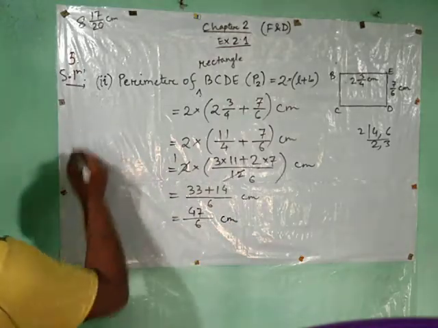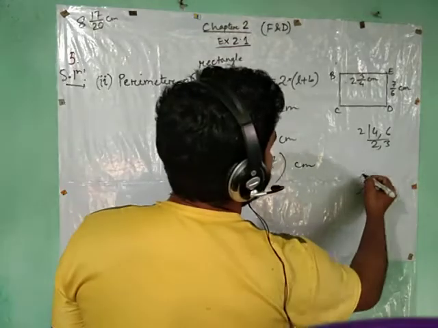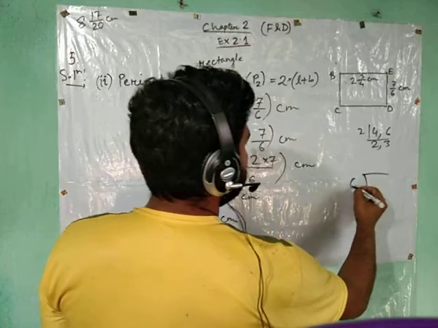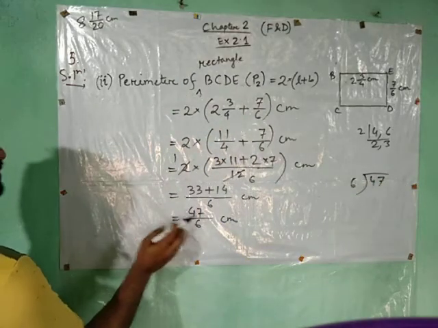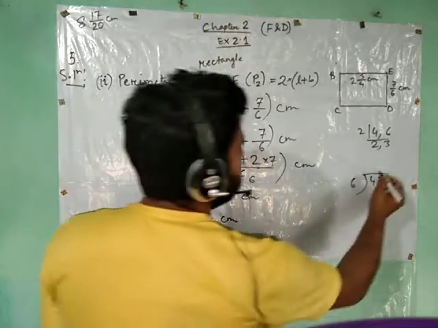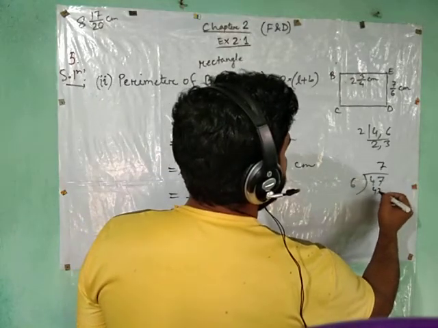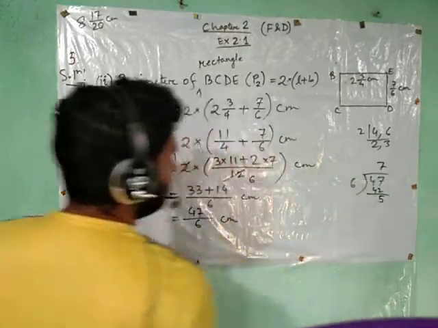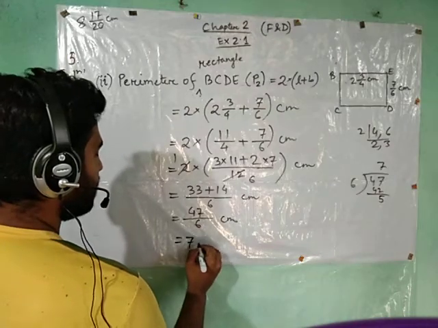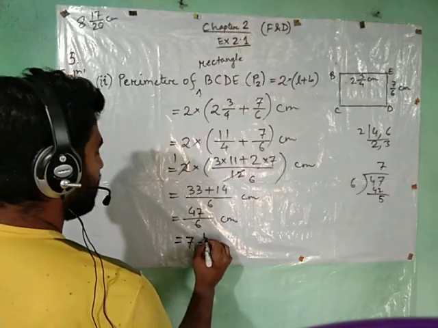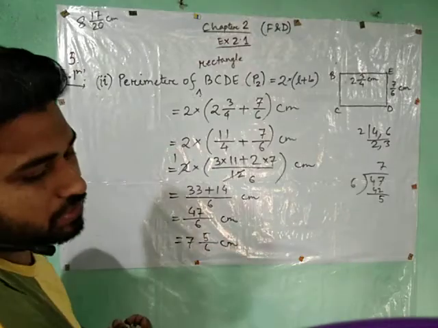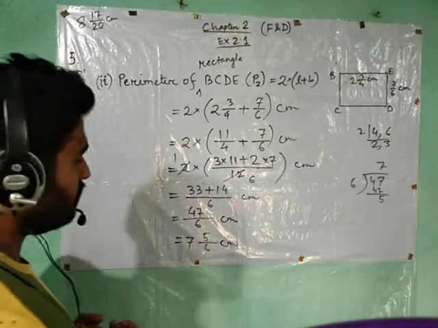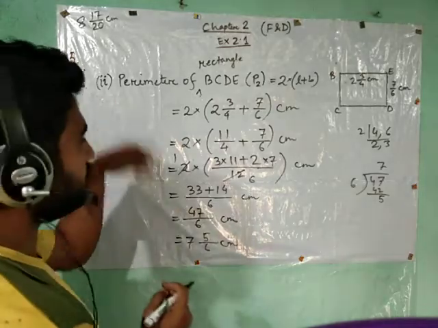Again this is an improper fraction, so you will convert it into mixed fraction. See, 47 we divided by 6, there 6 7s are 42, 5 will be remainder. Now the answer will be 7 5 by 6 centimeter. Only half of the question is over. Almost 90% of the question is over.